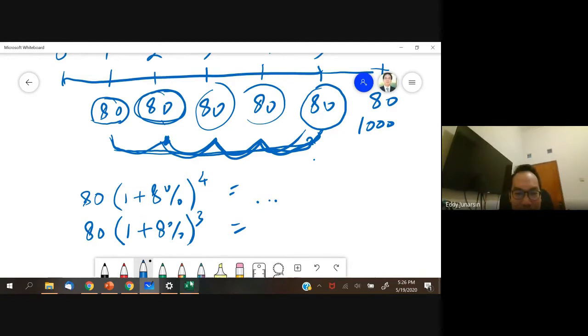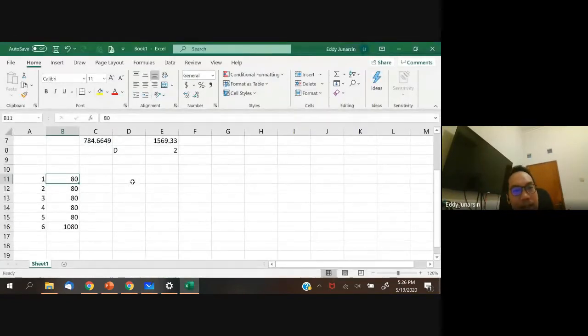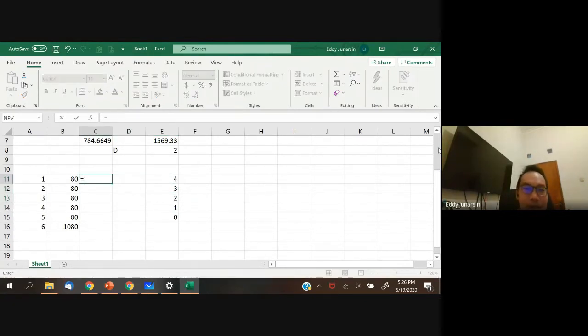So of course we'll use Excel to do it. And to make it easier, I will use imaginary numbers, okay? Because this would be to the power of 4, 3, 2, 1, 0. This is imaginary to make it easy to copy and paste, right? So tell me again, what is it? 80 multiplied by 1 plus market rate to the power of 4, right? 4 movements to the future.